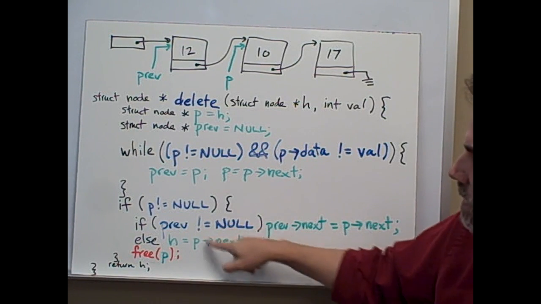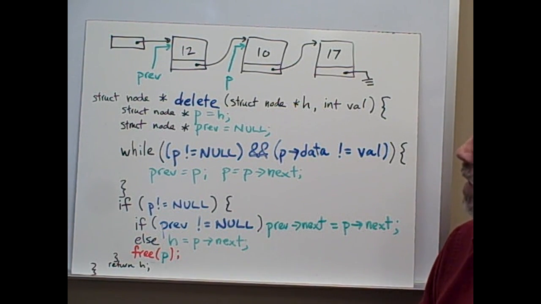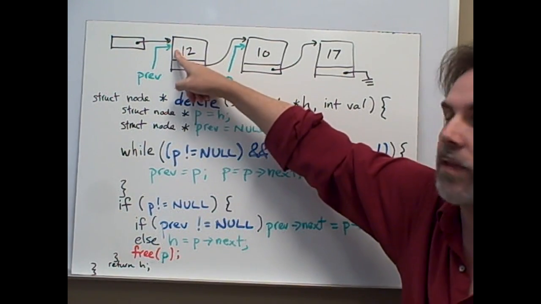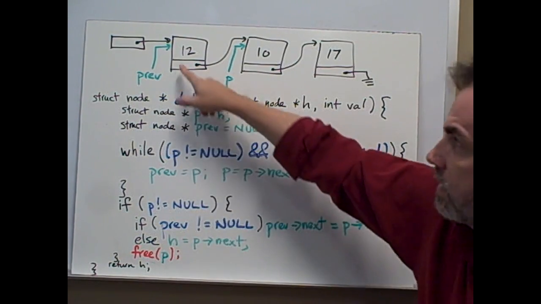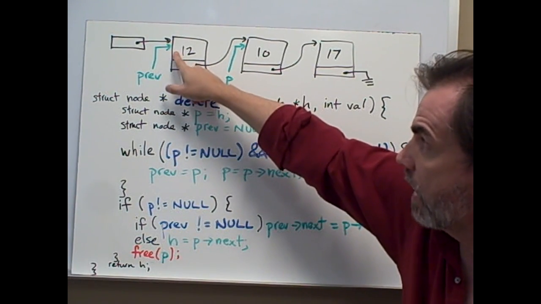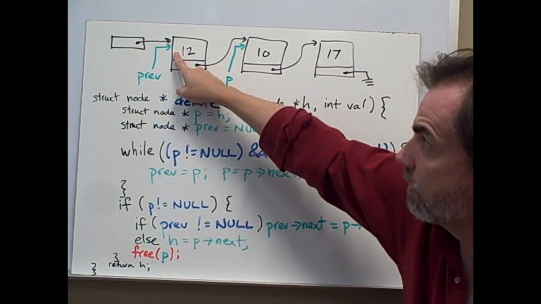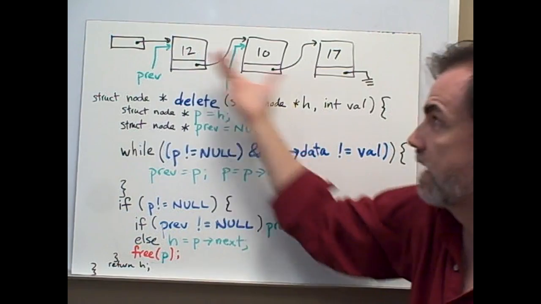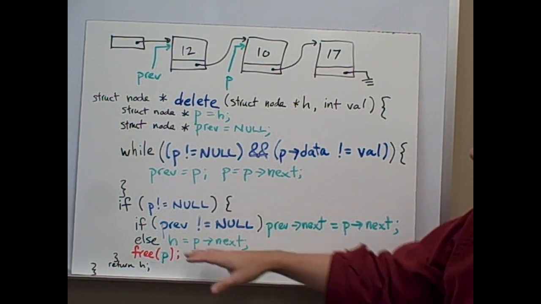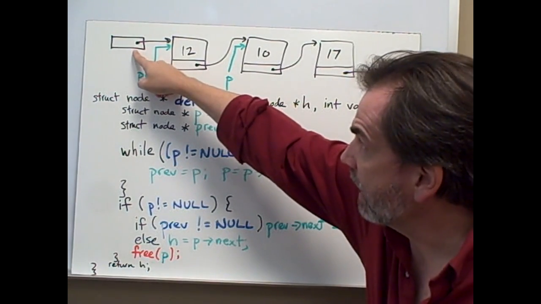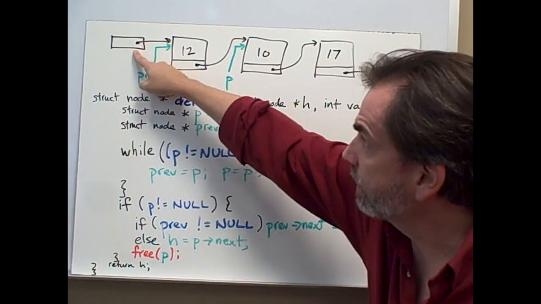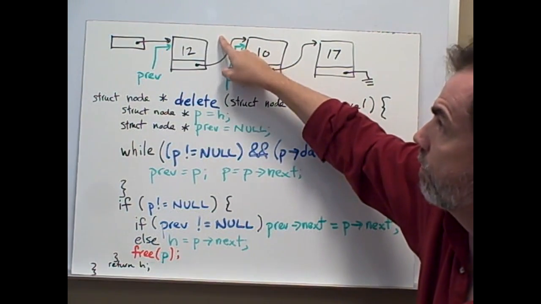Now I have this if condition because it could be that I match the very first thing to remove. And if that's the case, then prev would be null. P would be non-null because it would point to this node here, but prev would be null because we haven't moved along the list. So if prev is equal to null, we want H, which is the head of the list, to skip that node and point to the next guy.